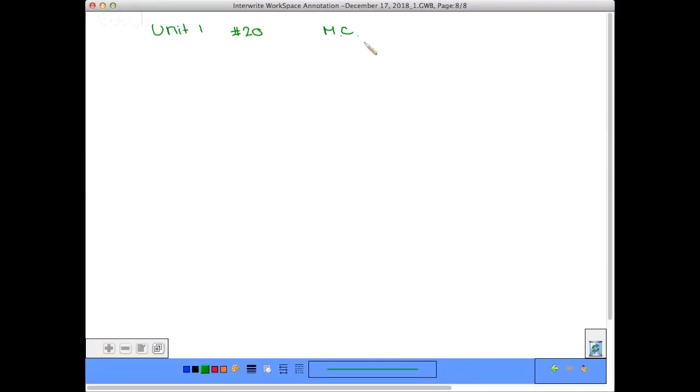We have a 1 liter sample of carbon dioxide that has a mass of 2 grams. So we have 1.0 liters, it has a mass of 2.0 grams, and this is carbon dioxide. And then it says we also have a 1.0 liter sample of 0.7 grams, and this is of methane.